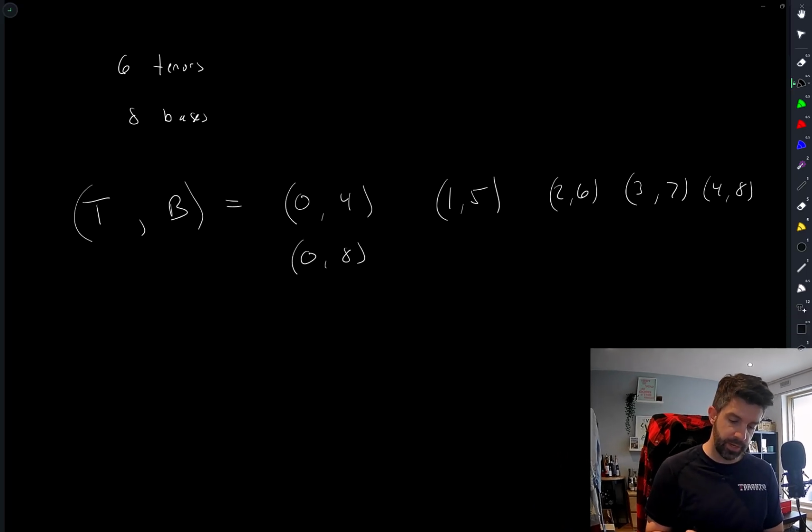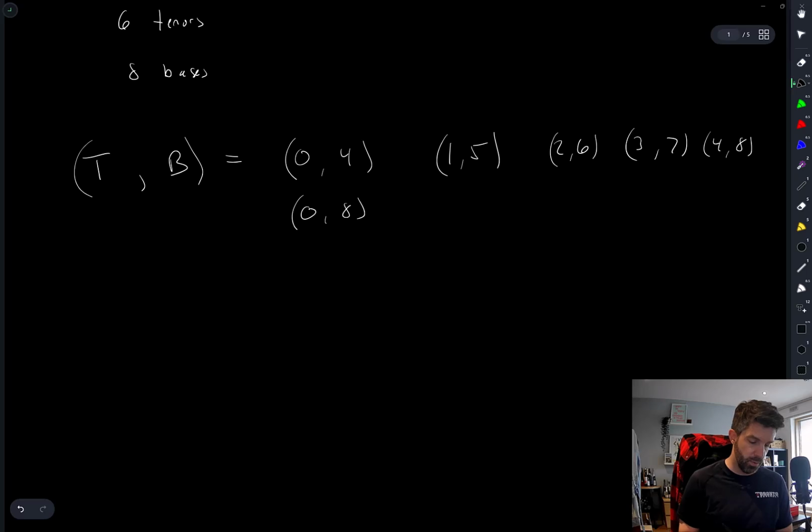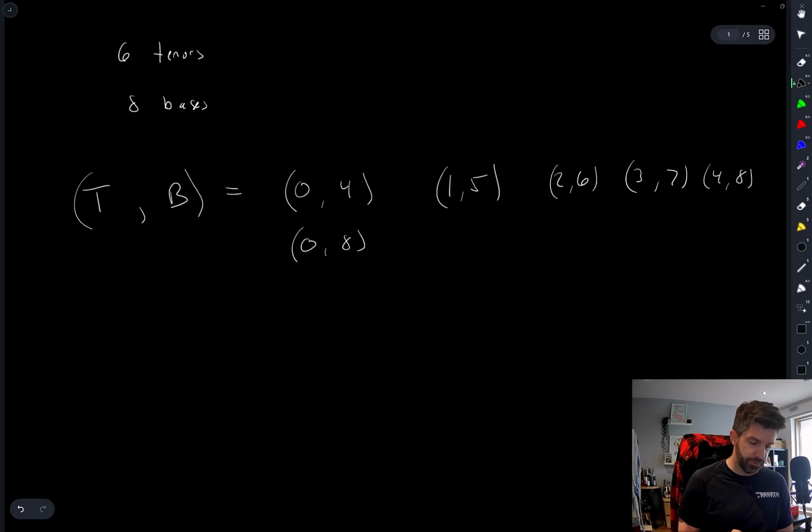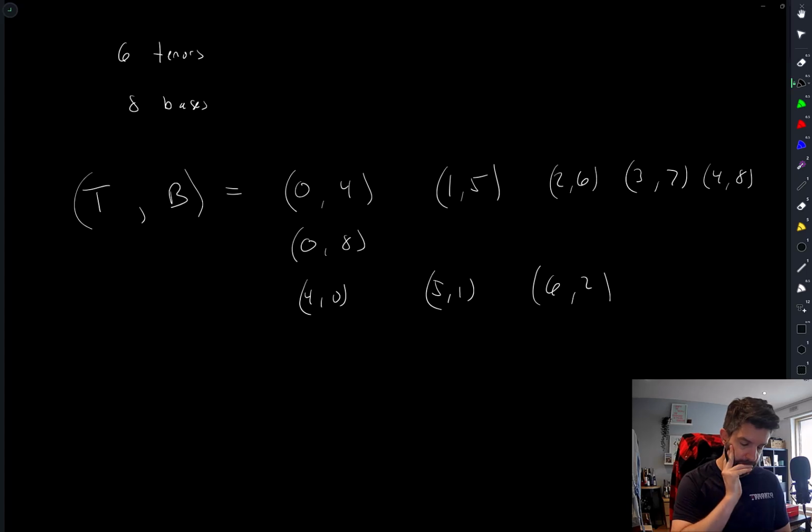The difference has to be a multiple of 4. This is when there are more basses than tenors. What if there are more tenors than basses? We could have 4, 0, 5, 1, and 6, 2. Is that it for the number of tenors and basses? I think that's probably it.